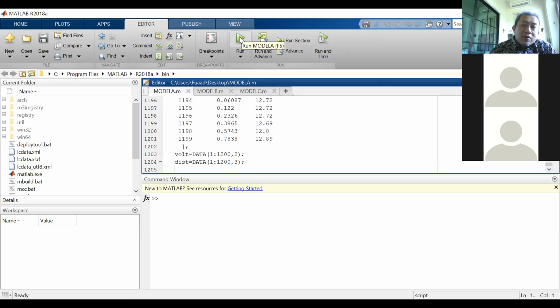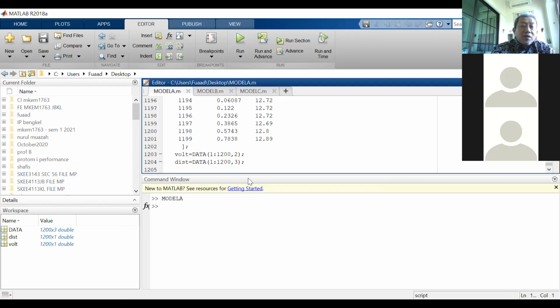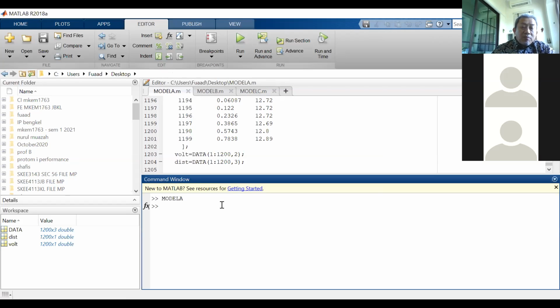Nampak run, press run. Okay, nanti dia akan beritahu kat mana path data awak tu. So awak kena beritahu dia. Change folder. Jadi dia baca dekat desktop sekarang. Jadi macam mana nak baca data input, Umar?